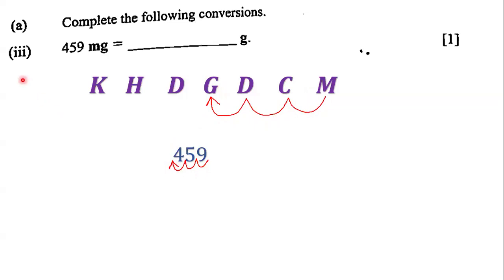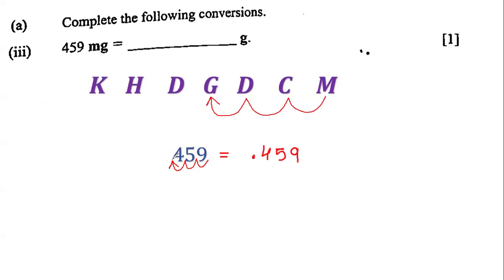So this is going to be equal to 0.459. The decimal point was behind the 9, now it is in front of the 4.